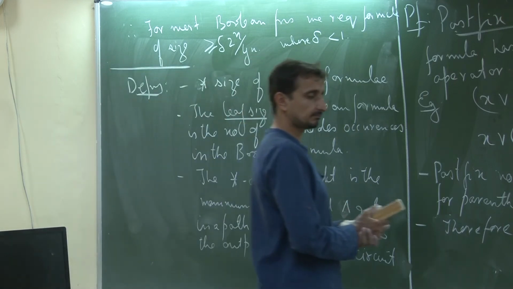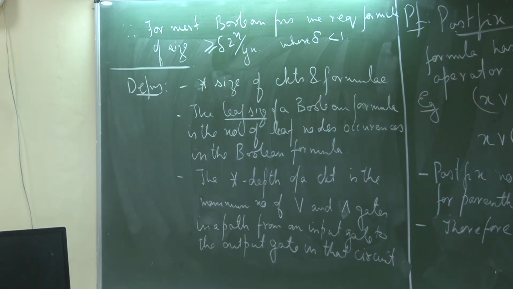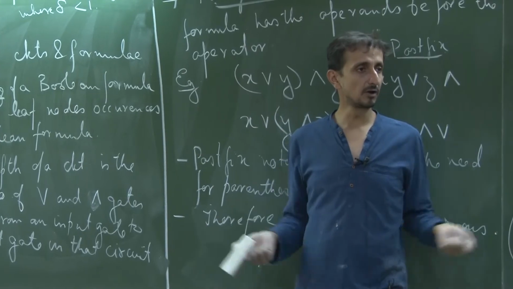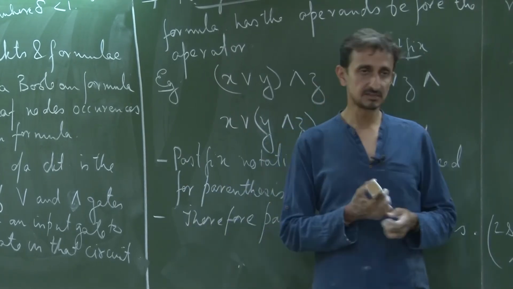Okay. So, you take any path from an input to the output gate and count the number of OR and AND gates present. The maximum over all such quantities is the star depth.